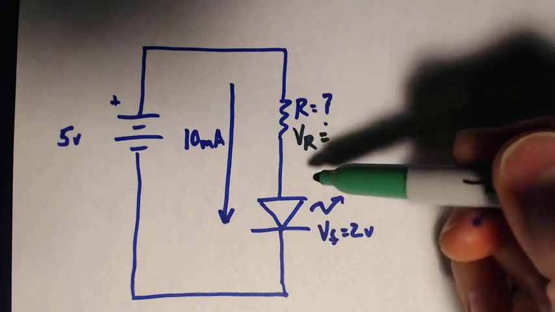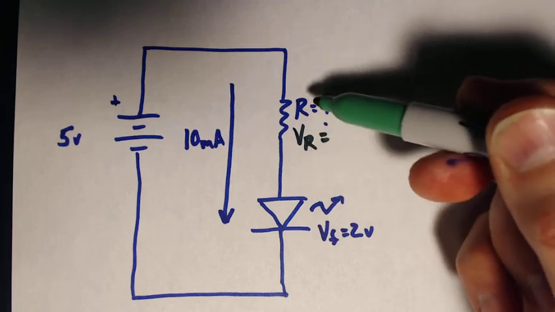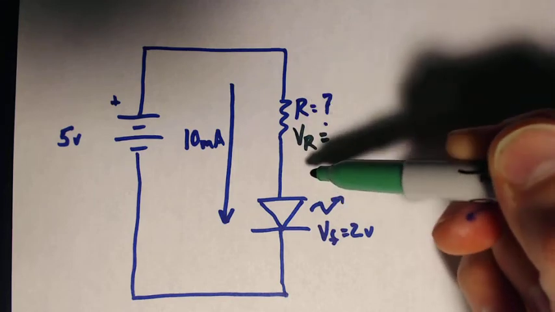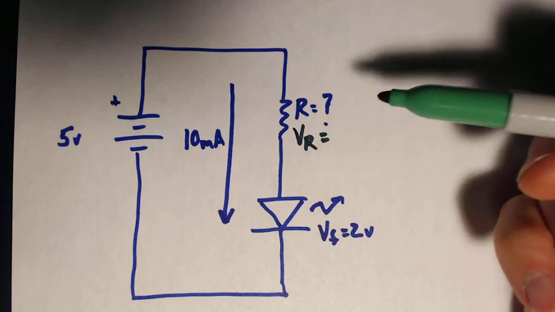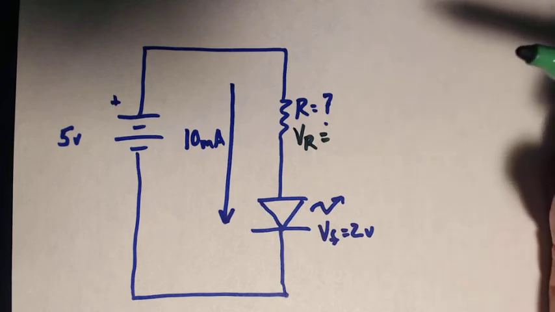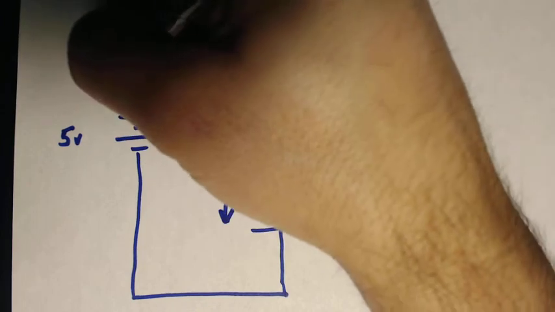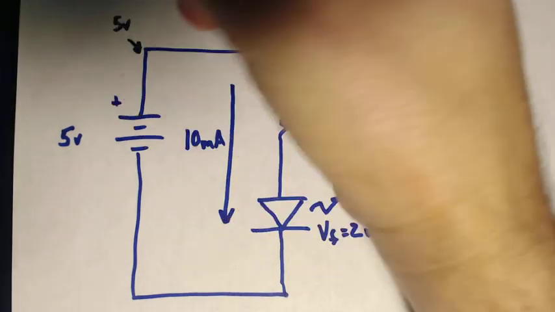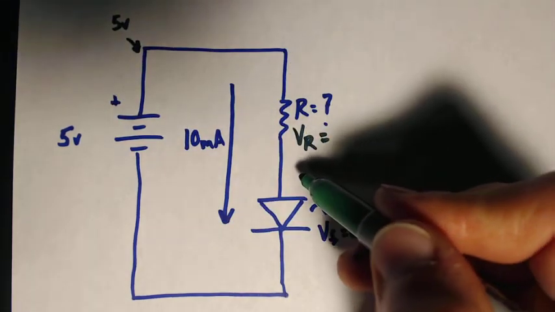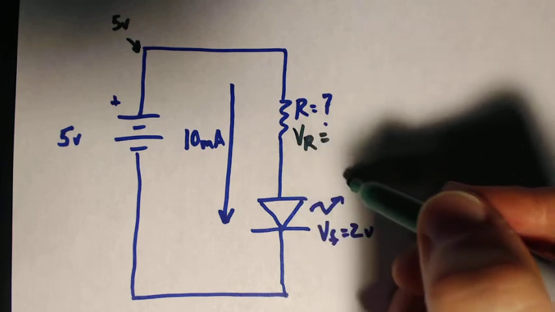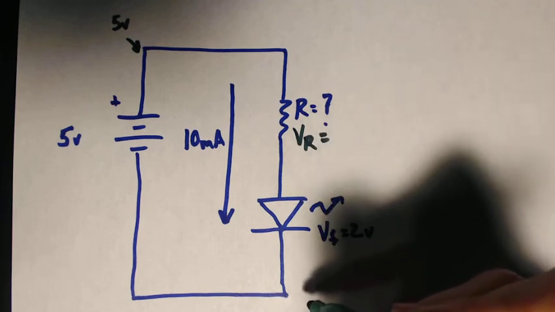Now, to figure out the voltage drop across our resistor, we can use Kirchhoff's voltage law. We start off at 5 volts. We drop some voltage here. Then we drop another voltage across this diode.